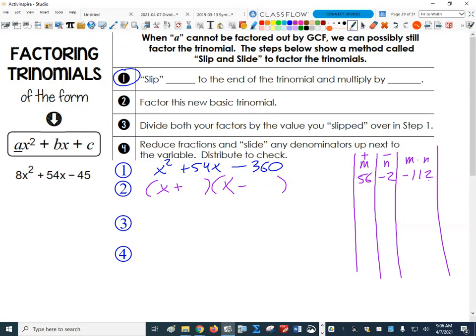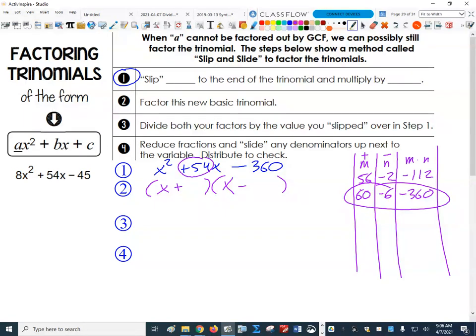Give me another set of numbers, an m and an n, that are going to add to 54. What do you think, Aiden? 60 and negative 6. Okay, so I could jump down and go 60 and negative 6. Those add to positive 54, don't they? 60 minus 6. If I multiply those out, I got it. So we had to just go down the list a little bit, but that gave me my magic numbers.